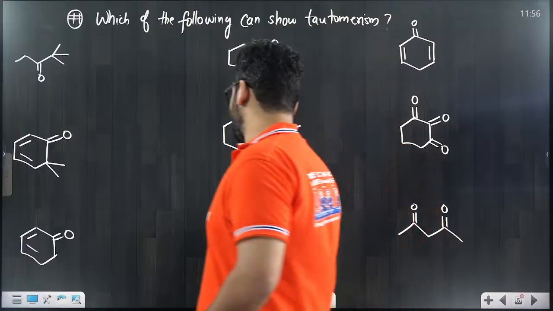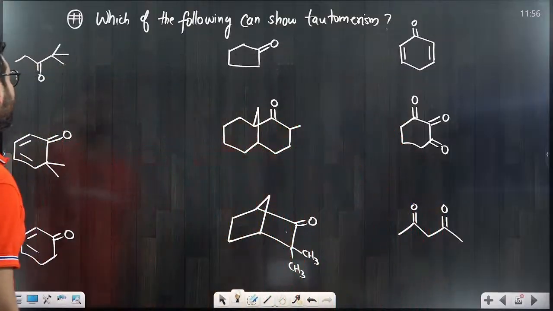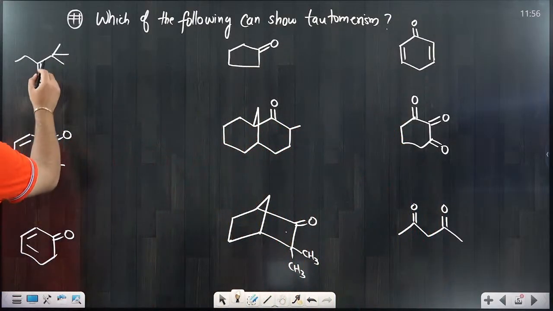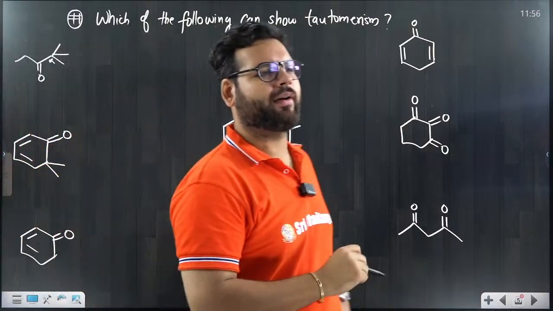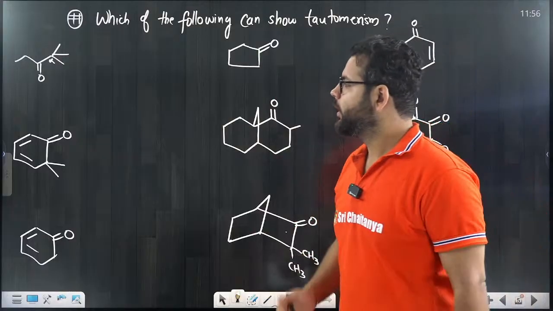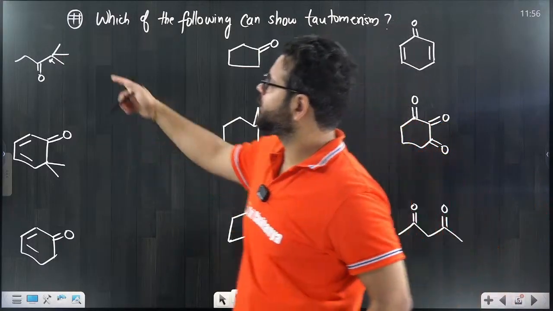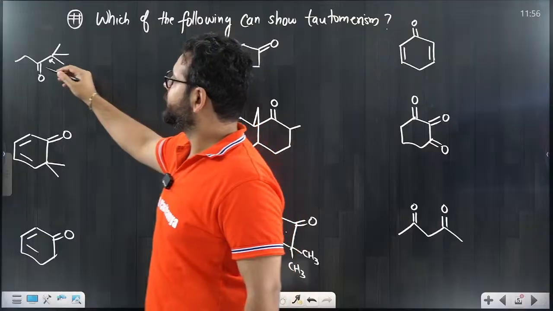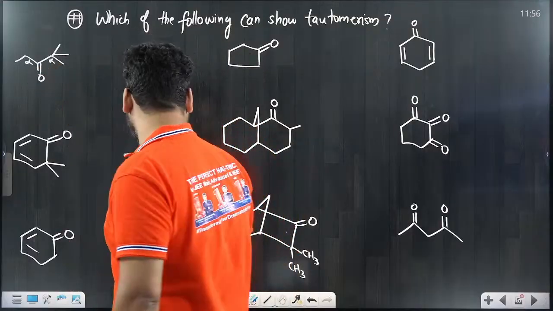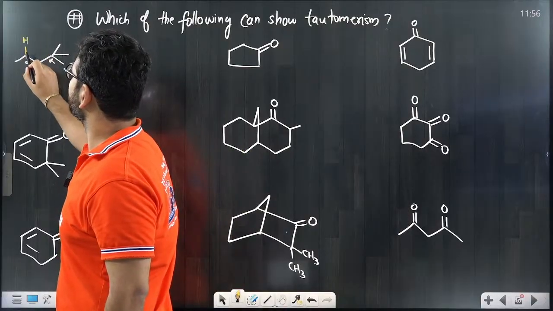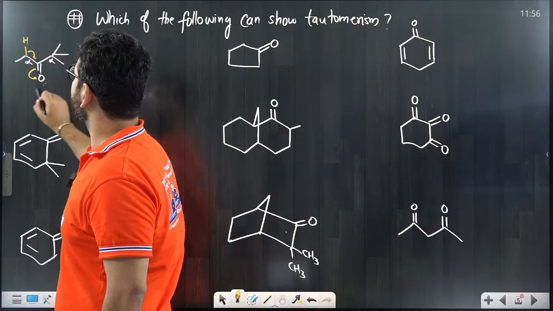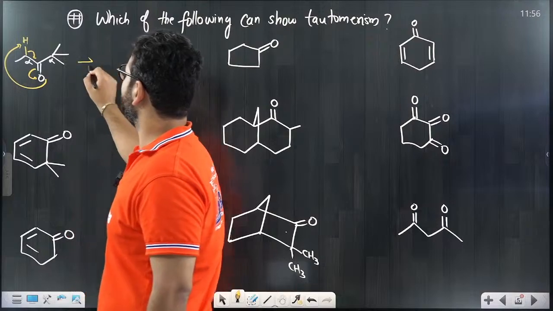The first one is a ketone, and on this side there is an alpha carbon, but the problem is the alpha carbon does not have hydrogen. These are methyl groups. On this side, yes, this alpha has a hydrogen. So this alpha carbon's hydrogen can do the shifting: sigma becomes pi, pi becomes minus, minus takes the H plus. So yes, first one can show.